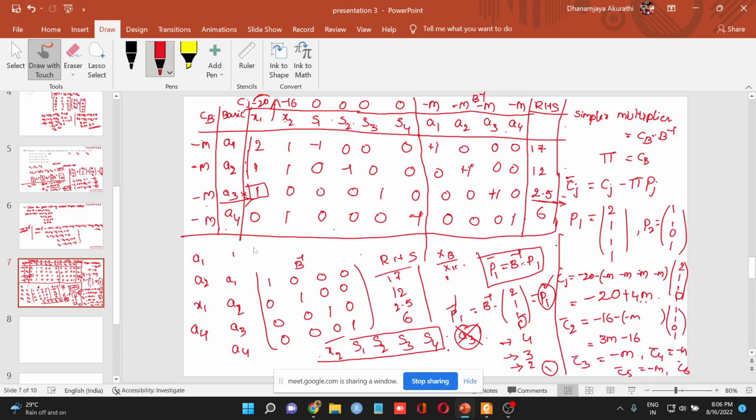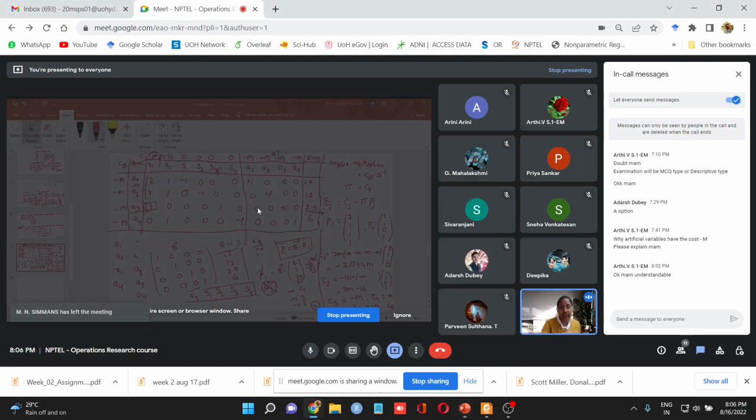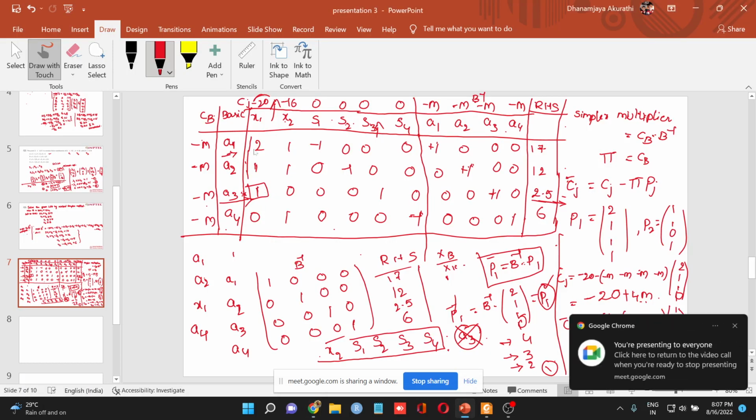Just check that in the next iteration, S3 is the entering variable and A1 is the leaving variable. Did everyone get the same in this next iteration, after doing the elementary operations?